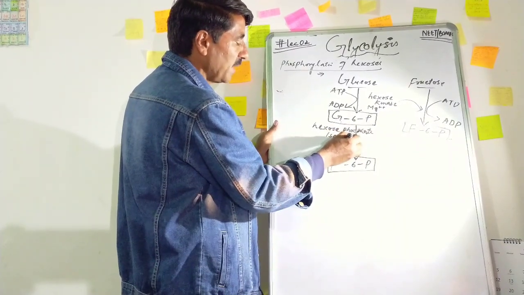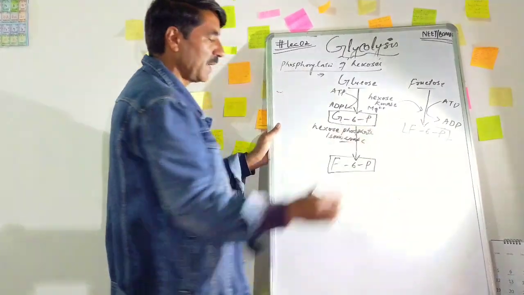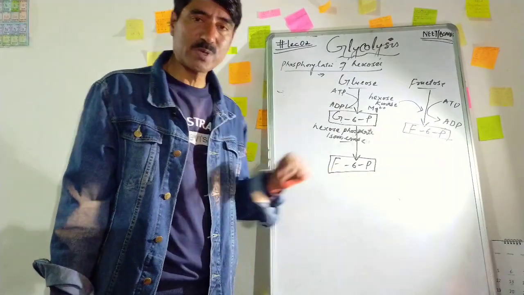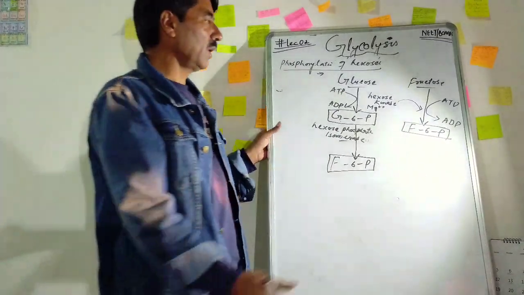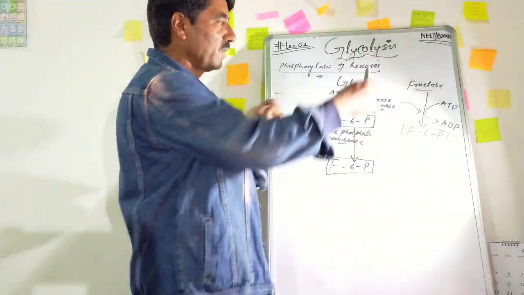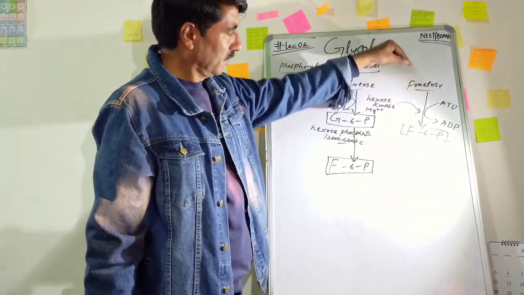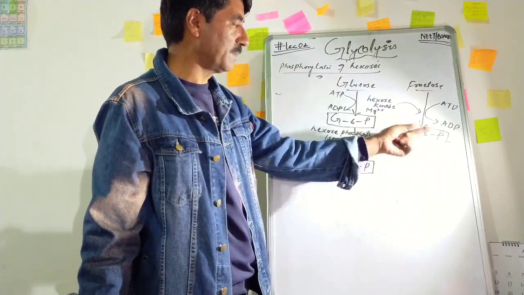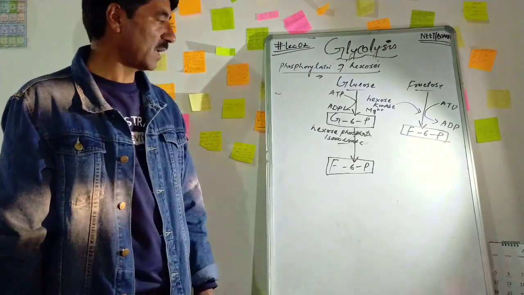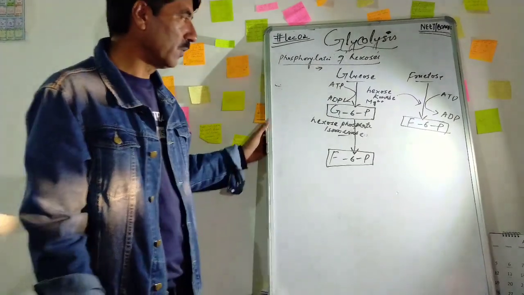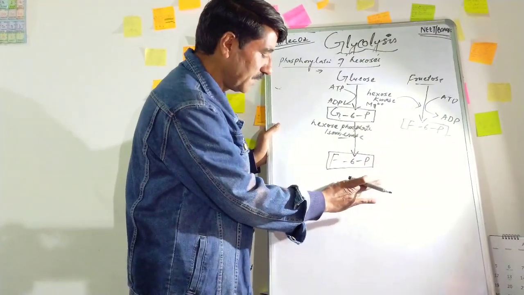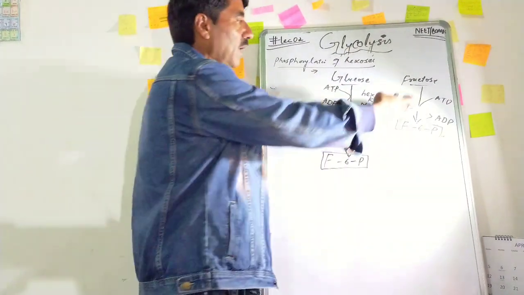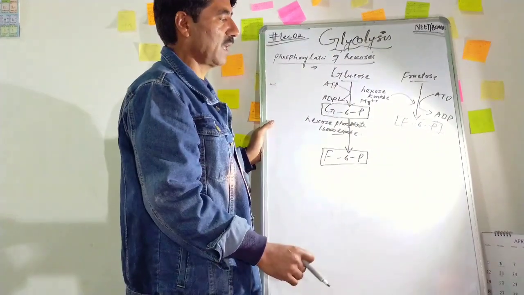So in the presence of the enzyme hexose phosphate isomerase, glucose 6-phosphate changes to fructose 6-phosphate. Now, if the pathway is taking place from fructose, it changes to fructose 6-phosphate, and there is no need of this isomerization.